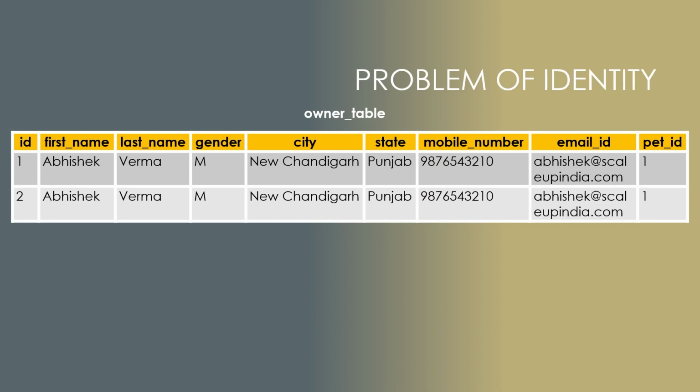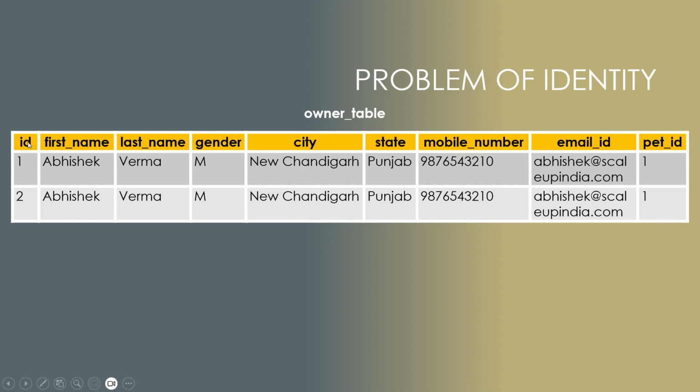But on the database side, in order to say whether these two rows are the same or not, the only thing which we have is this ID, because here we consider one of the columns as the primary key. Now you may ask why you are considering this ID as a primary key, why not the mobile number? Because again, that is your choice. You can consider any of the columns.